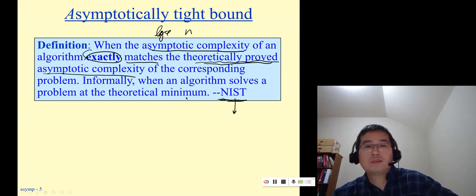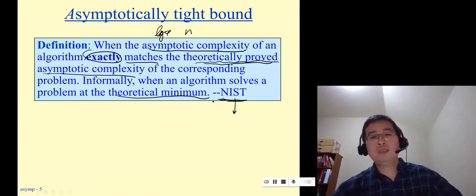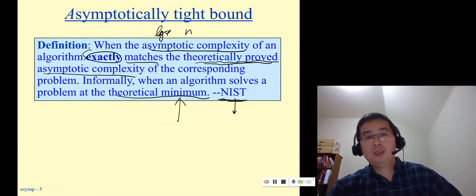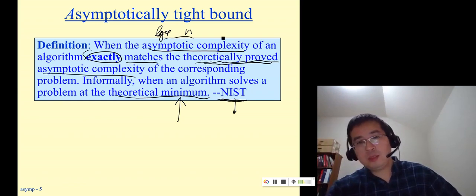Informally, when the algorithm solves a problem at the theoretical minimum, you can use this one because it's a tight bound, exactly the same.